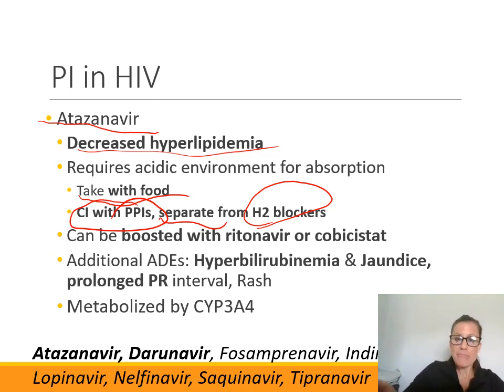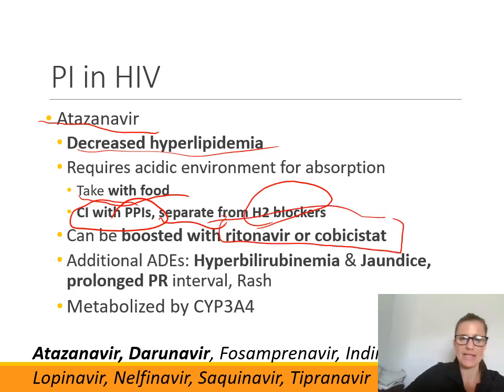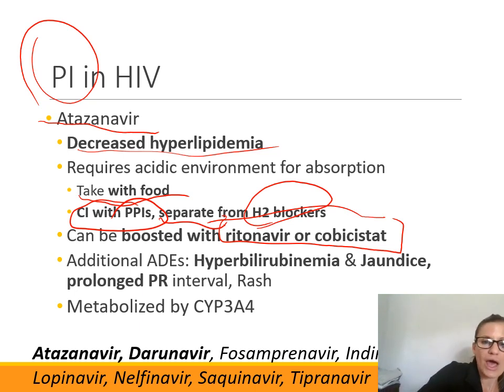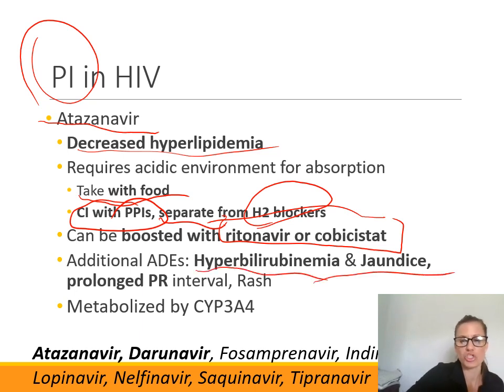Atazanavir can be boosted with either ritonavir or cobicistat. Now, remember, protease inhibitors are boosted. So in this case, it can be boosted with either ritonavir or cobicistat. Additional adverse drug effects that we see with atazanavir include hyperbilirubinemia and possible jaundice.